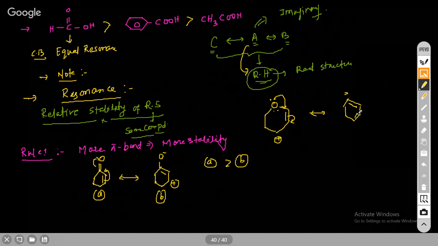So here also we have the double bond. So here we have oxygen, positive charge, and this is the structure. So this is A, and this is B. So obviously B is more stable than A because it has two pi bonds. Is it clear?